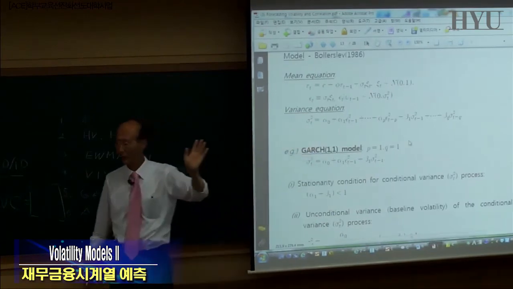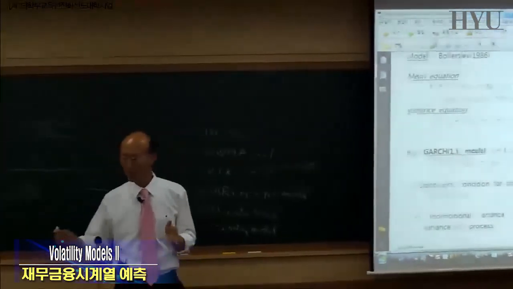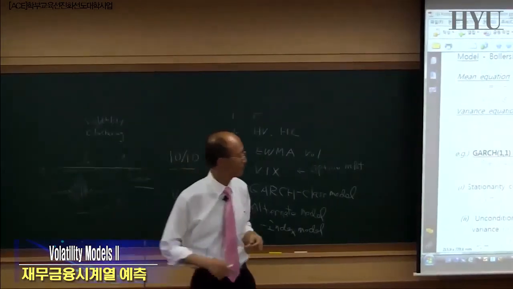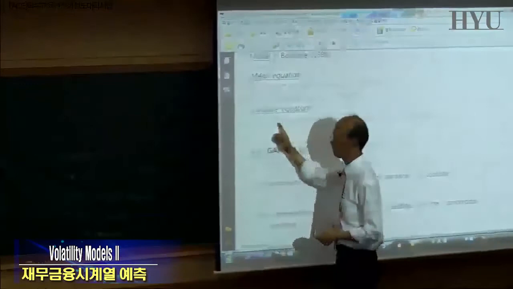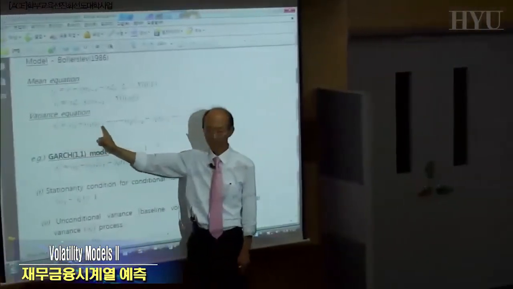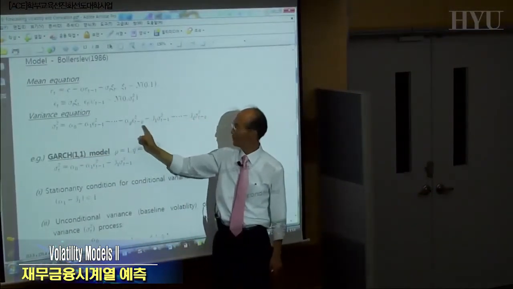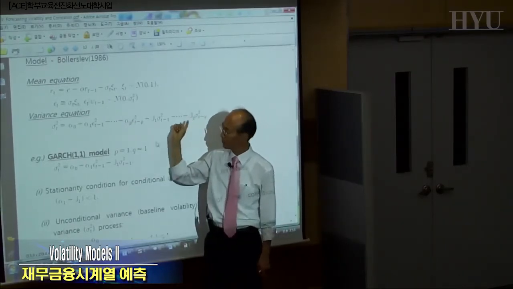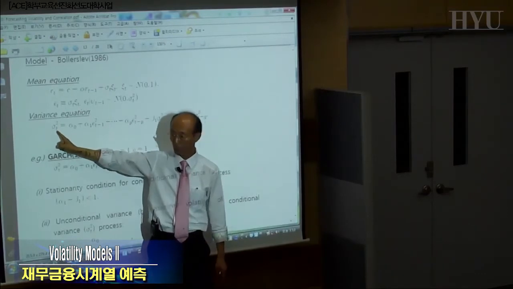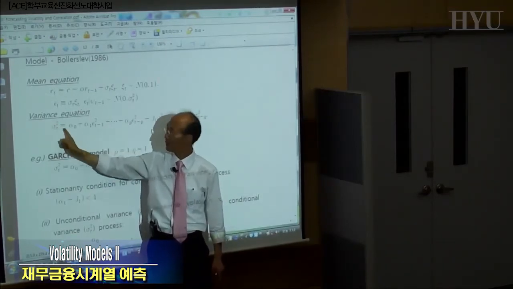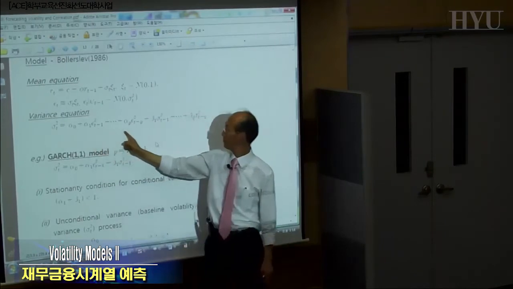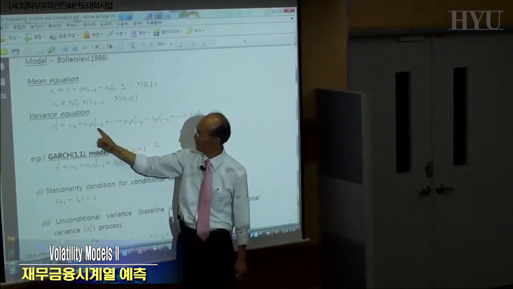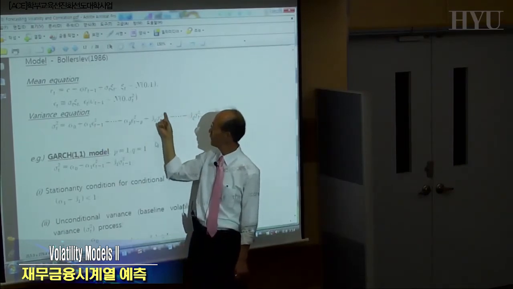It's like calculating conditional expectation in the ARIMA model. So t plus 1, t, and all those are known, right? All those are known. So you can calculate sigma t plus 1 easily, right? And then t plus 1 enters here. And also, actually, what this is representing is this one.